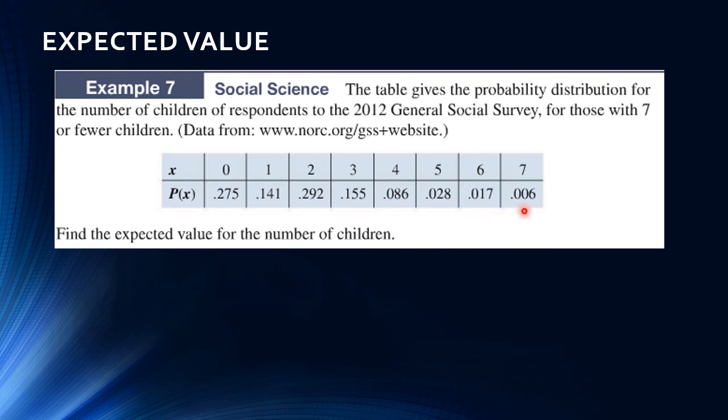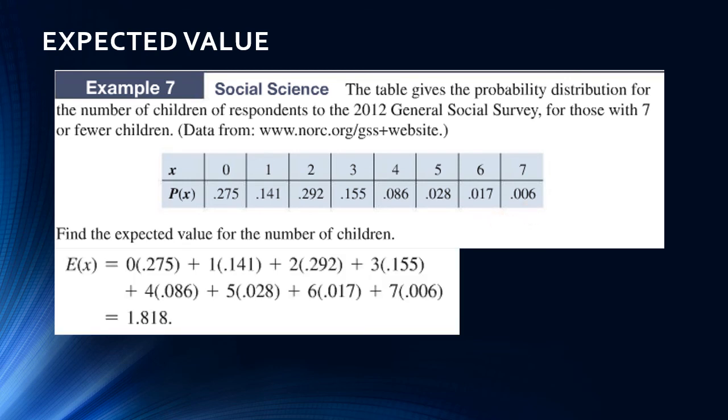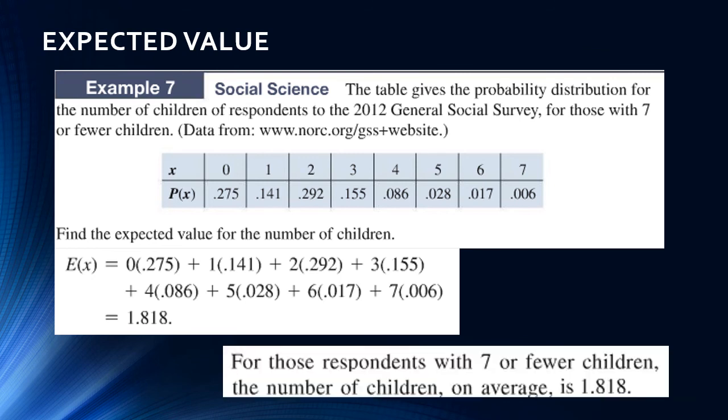So go ahead and try this problem, hit pause, and then see if you get the right number. You should get 1.818. Okay, so on average, a family with 7 or fewer children has 1.8 children. Weird, I know, but that kind of gives us some insight.